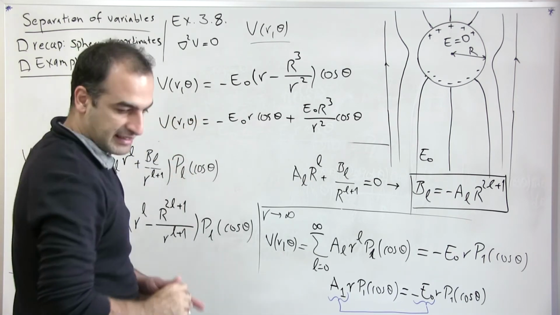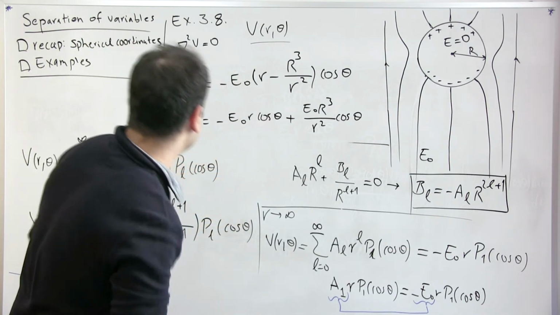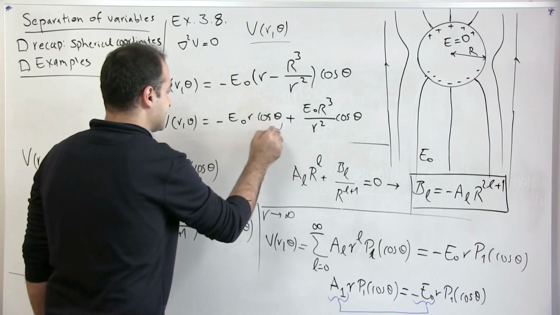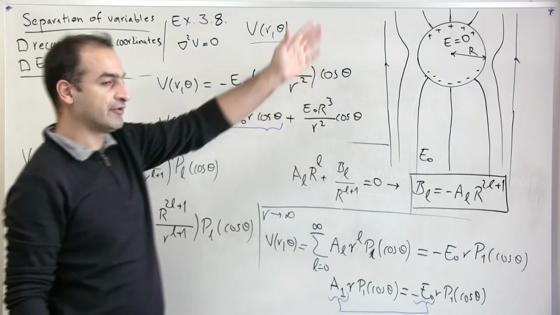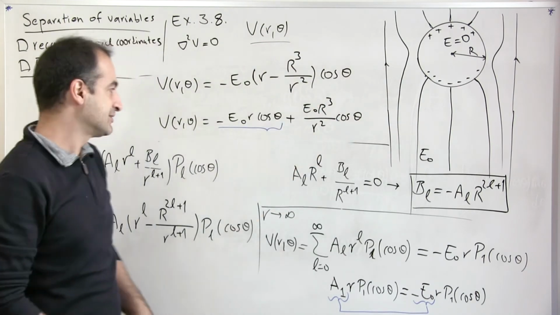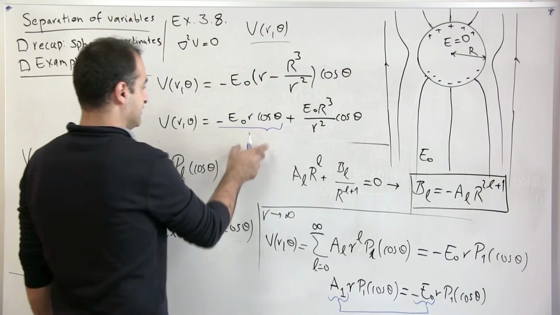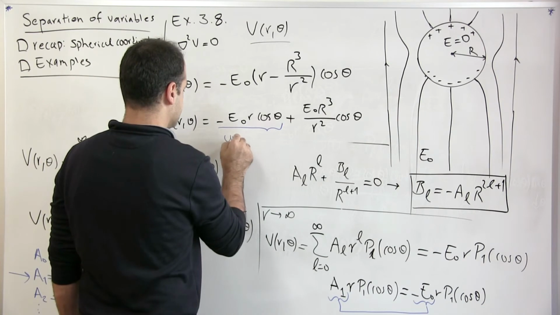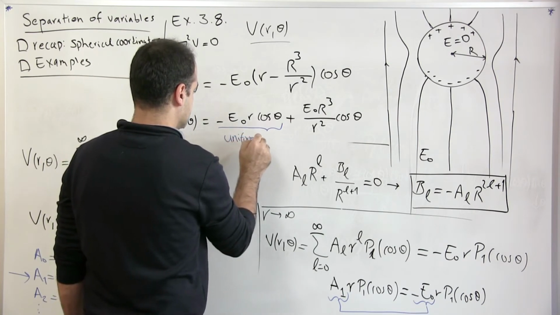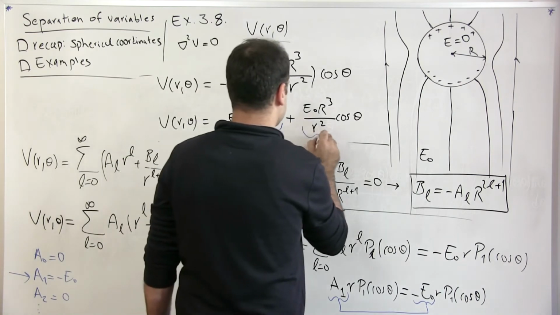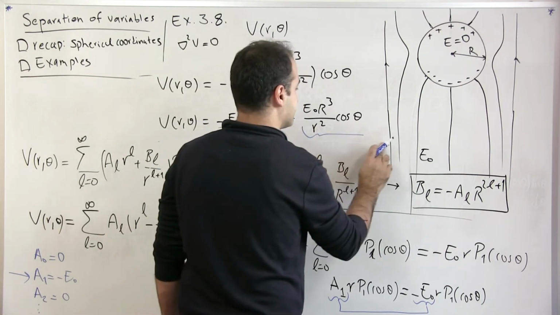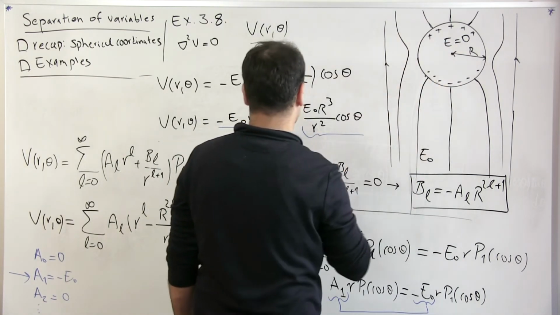Okay. If you look at these two terms, this first term is exactly the potential created by a uniform electric field in space. So this is the contribution from the uniform E0. And the second term is the contribution from the sphere and the induced charge on the sphere.